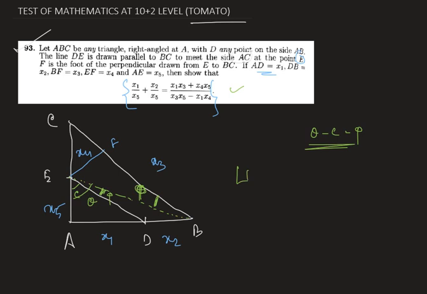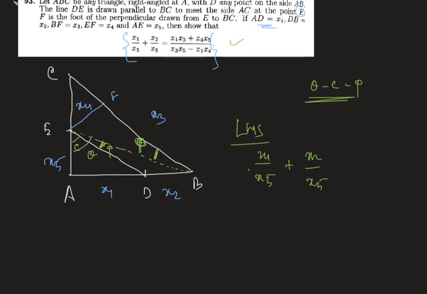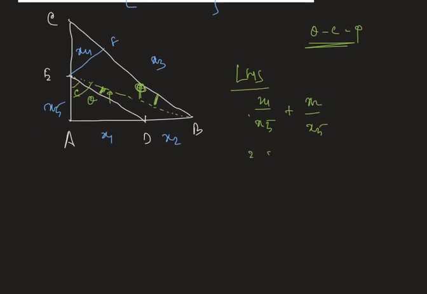Now the left hand side, x1 divided by x5 plus x2 divided by x5, can be written as x1 plus x2 divided by x5, and x1 plus x2 divided by x5 is nothing but tan theta.